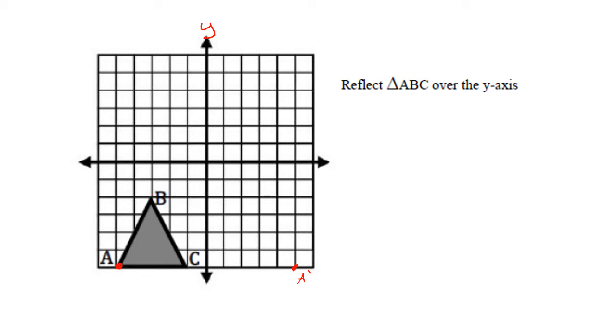Right now B is, excuse me, 3 to the left. So B prime will end up 3 to the right of that flip line. Complete opposite direction of the line. And C is 1 unit directly left. So C prime will be 1 unit directly right. And we can draw our shape.